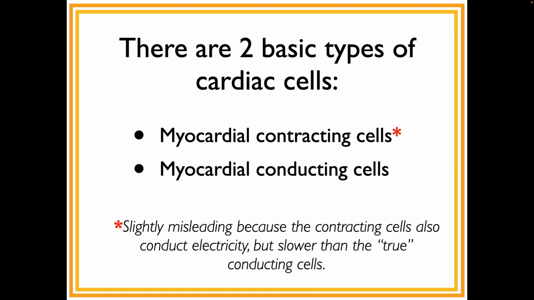Okay? There are two basic types of cardiac cells: contracting cells and conducting cells. Now, this is really misleading, I think, because the contracting cells also conduct electricity. But when we talk about the conducting cells, we're talking about the specialized ones, the ones that do it really well, really fast. Just remember, all cardiac cells conduct electricity to some extent.